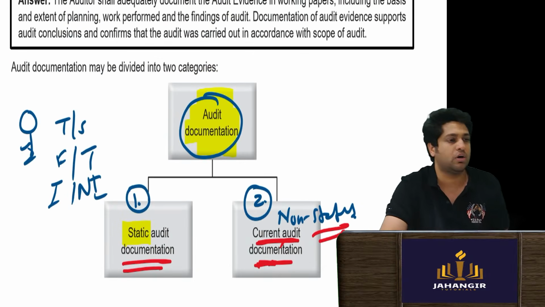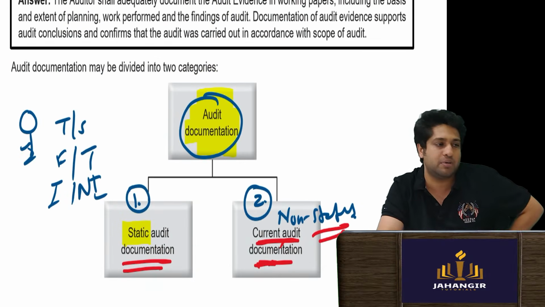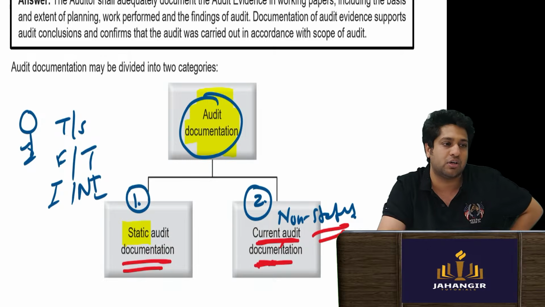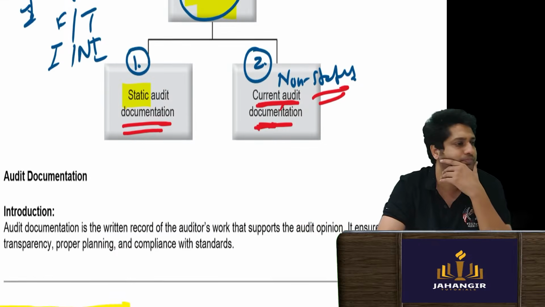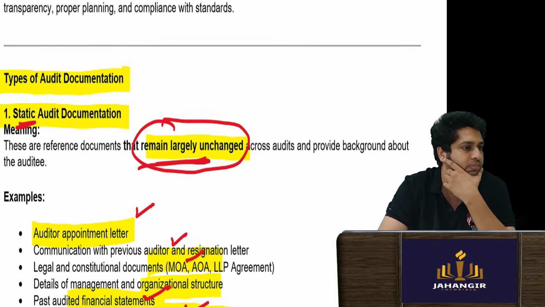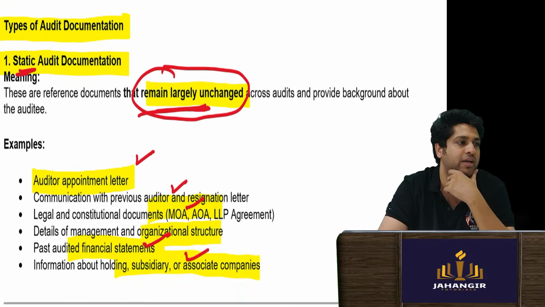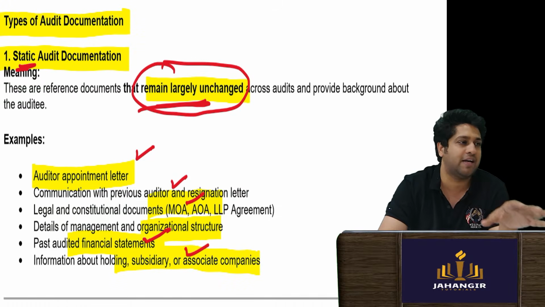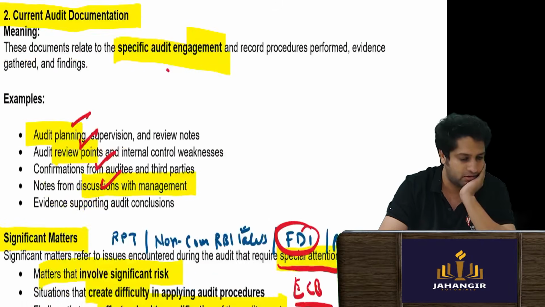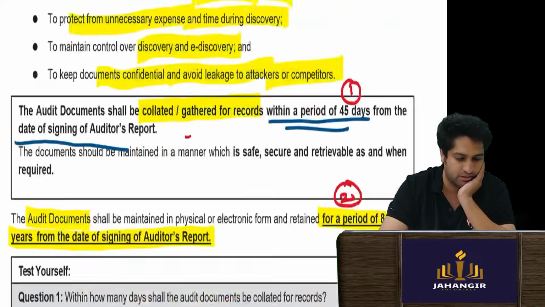I told you the audit documentation could be static or current. Static means largely unchanged, like MOA, AOA. So your permanent file, they are calling it static, and non-static. Current is only for the current year. With this, we have covered the entire chapter on audit process and documentation.